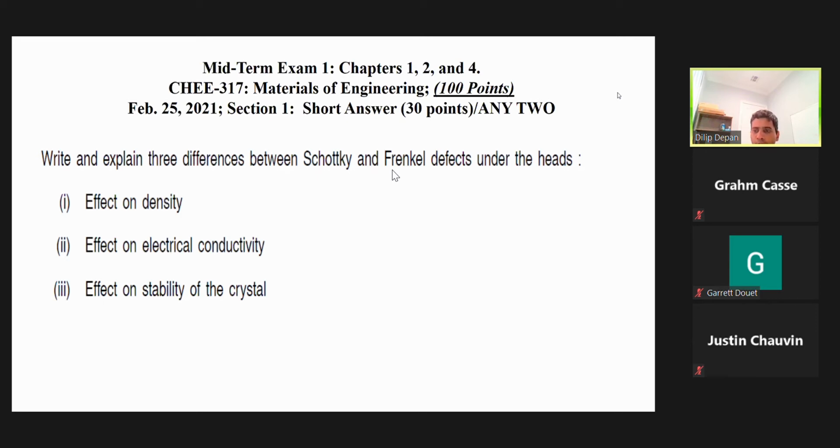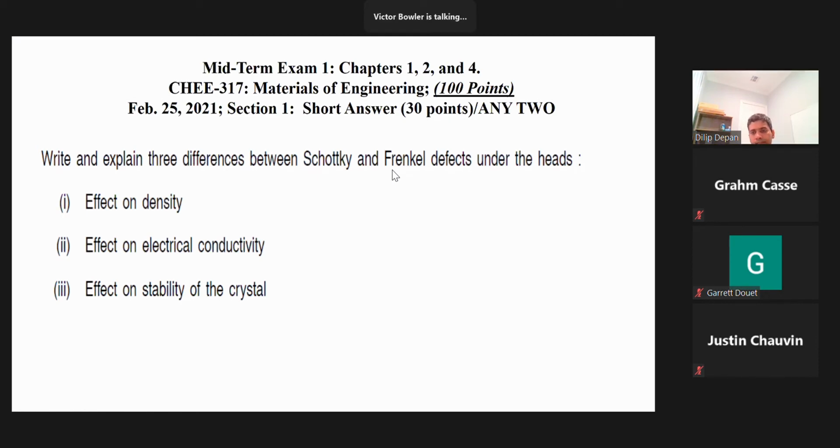You know what's going on in a Schottky defect, what is missing, what is the extent of missing, and what is going on in the Frenkel defect. You know all those things, but you have to just think very critically. Will there be any effect on the stability of the crystal, or will there be no effect? Or if there is an effect from either one, what will be the effect? Yeah, what do you think?